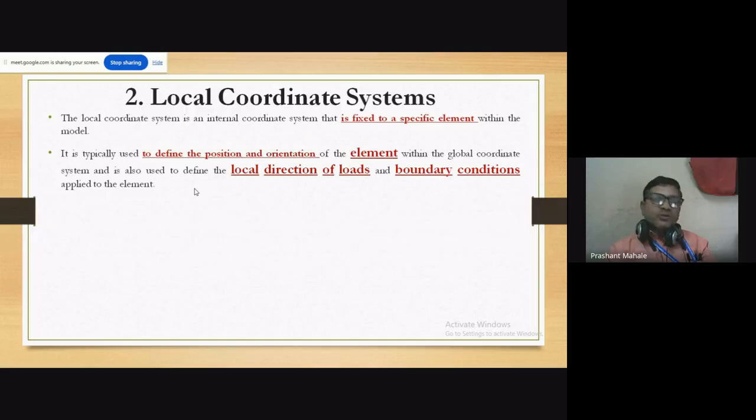What is the direction of that load in that element? And what is the direction of boundary conditions, how are the boundary conditions assigned to that element, or what is the effect on it? So there will be some relation between global coordinates and local coordinates. We can create that.